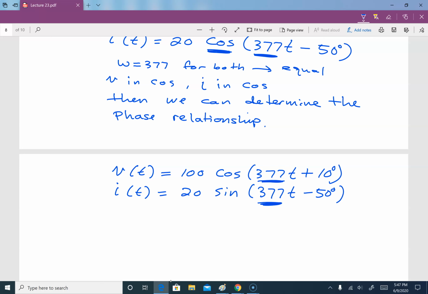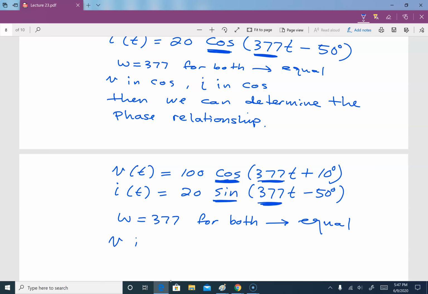That means we are okay with the first condition. The second condition, this is expressed in cosine and this is expressed in sine. Then we have to convert one to the other. So in this case, omega is equal to 377 for both. That means they are equal, which is good.